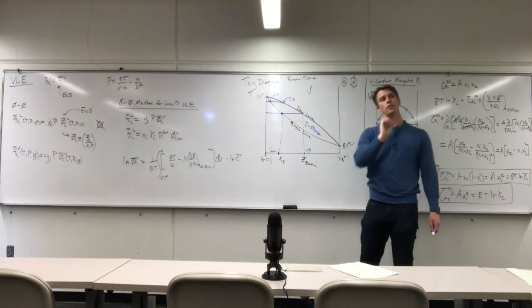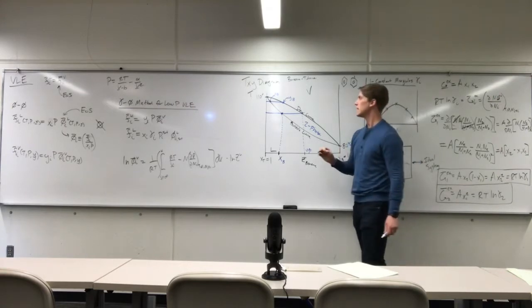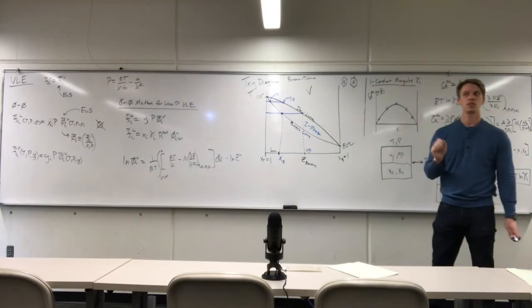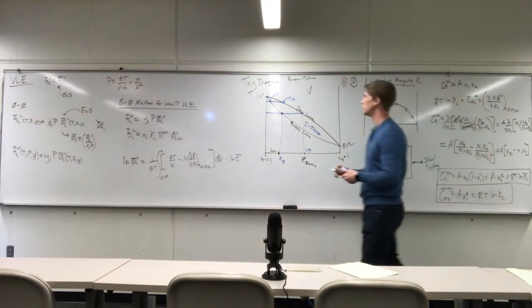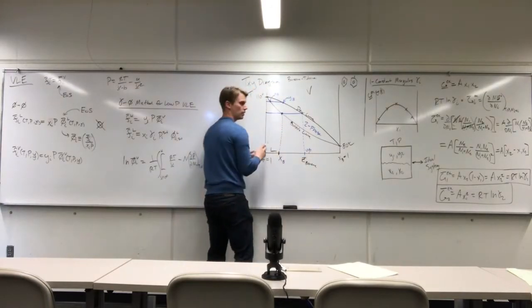So when I'm in the two-phase region, this is something that's always a little bit counterintuitive. At a given temperature and pressure, changing the total composition doesn't change the composition of the two phases. So let's say hypothetically, I don't have a third color, but I wish I did. Let's go back to black then.